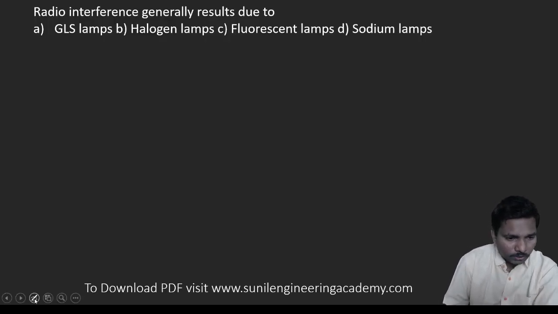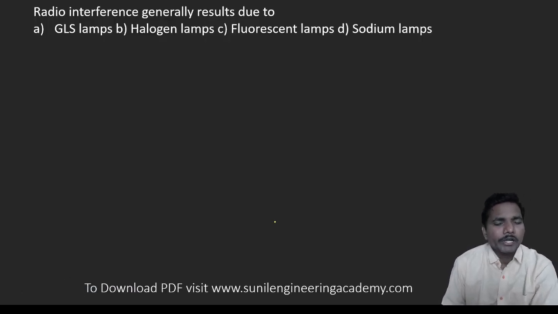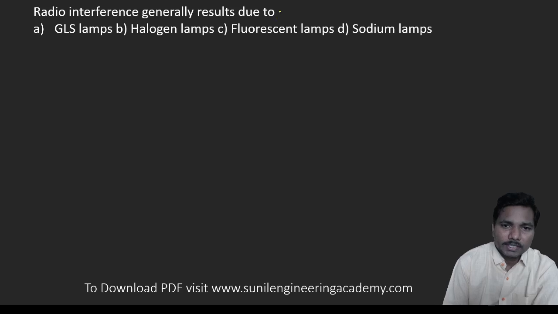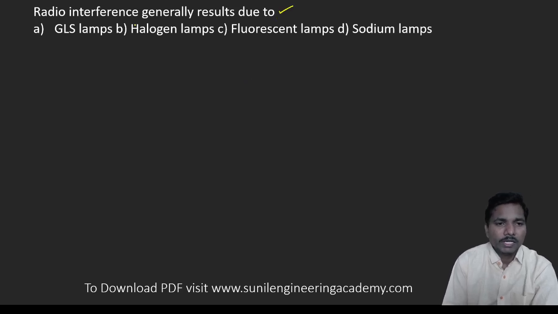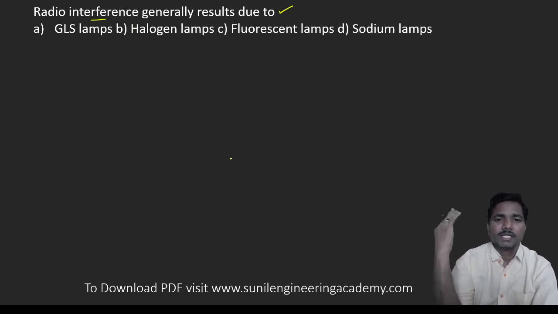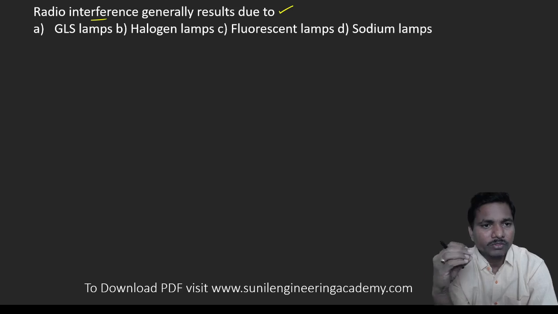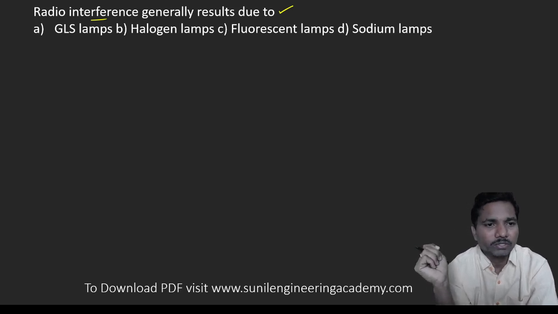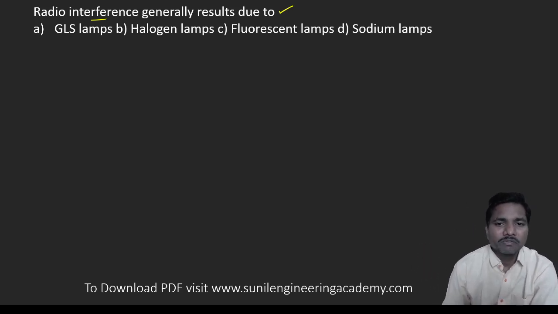Coming to the first question. Radio interference generally results due to dash. We have already discussed this type of question. Whenever there is a high inductance, there is a chance of interference. In GLS lamps, filament, no. Halogen lamps, no. Sodium lamps, no. Mainly in the fluorescent lamp we are using the choke coil.